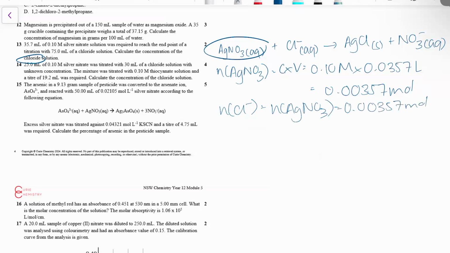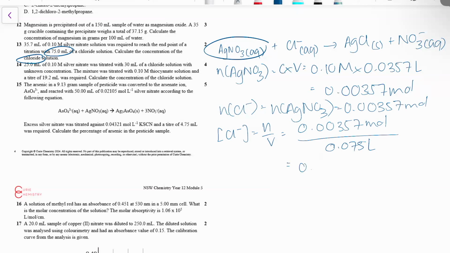And then they're asking you for concentration, so that's n on V: 0.00357 moles divided by 75 mils, but we sub in 0.075 liters. What's our concentration of chloride? 0.0476, and we have a 0.10 molar here, so that's 2 sig figs. So I have to go down, which is going to be 0.048 molar to 2 sig figs.